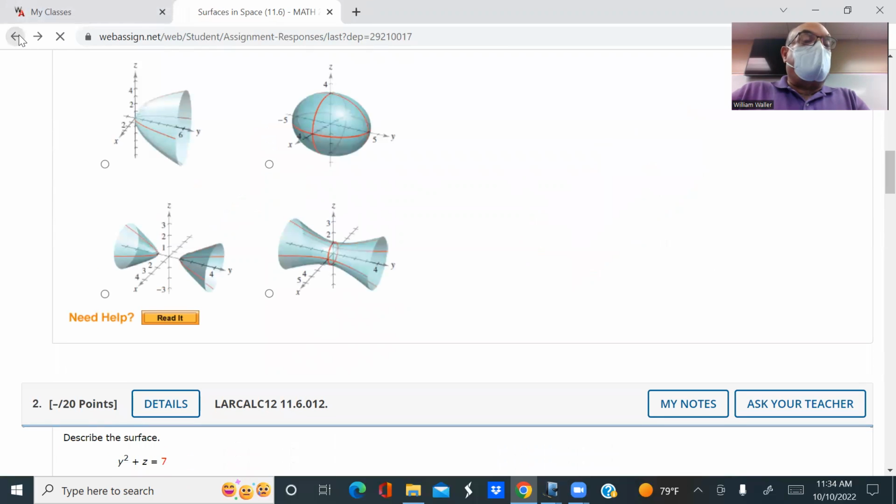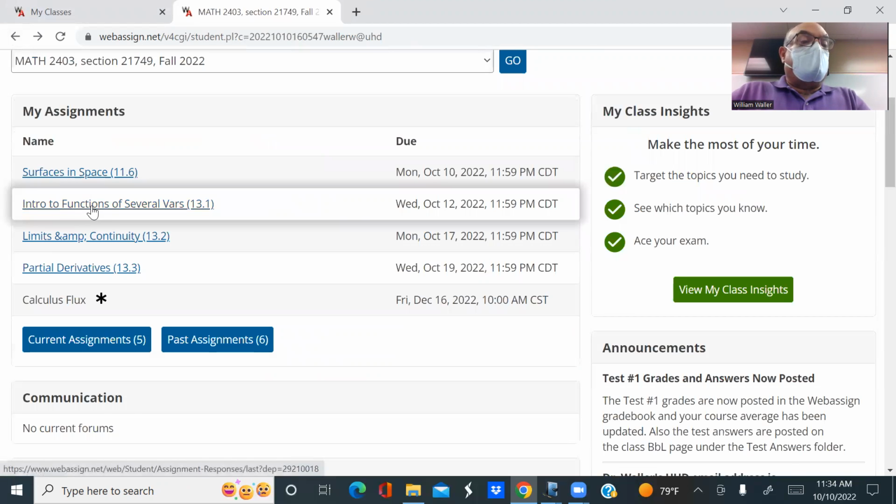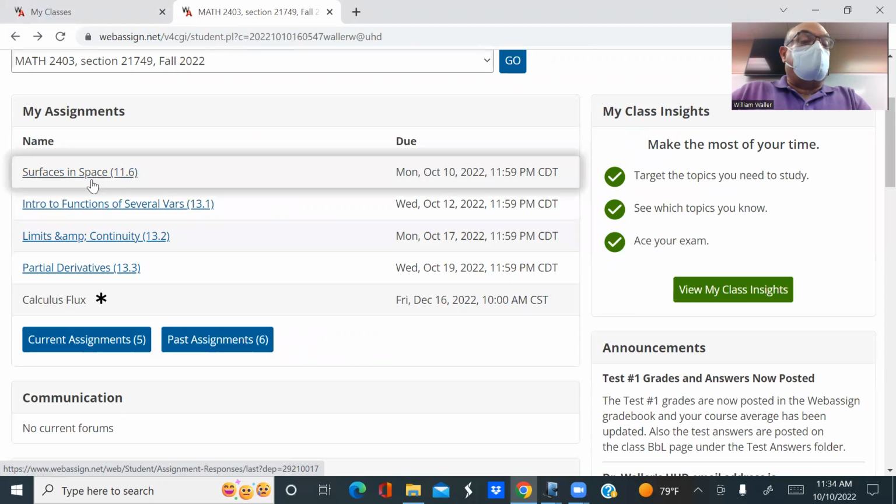And then next time we have a little bit more complicated homework, only because I think it's got more arithmetic computations involved in it. But because it's dealing with functions, it may be a little bit more familiar to you than just abstract surfaces, right?